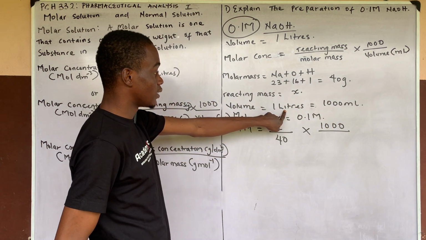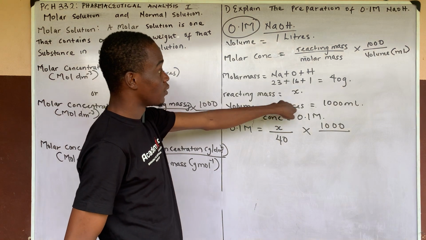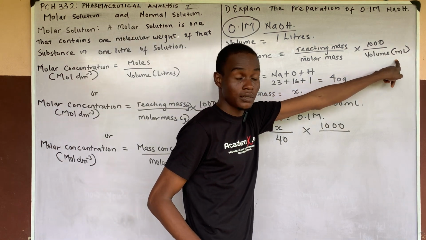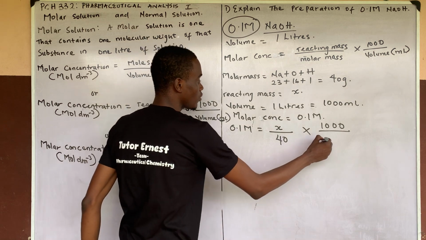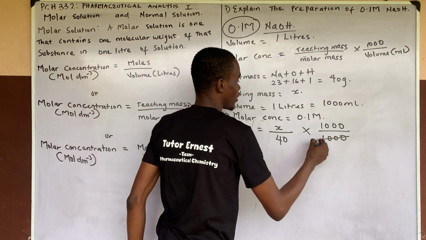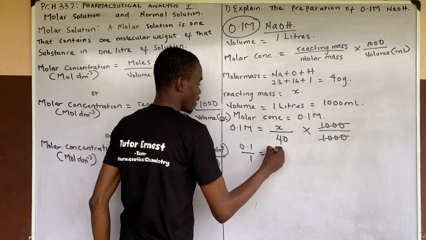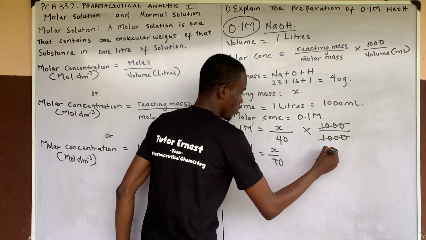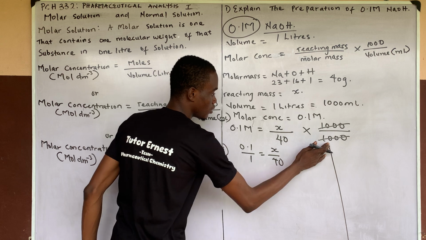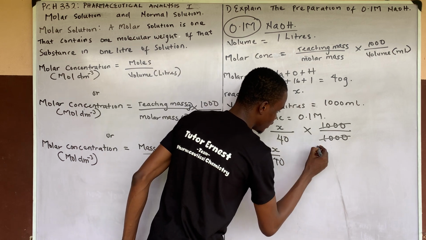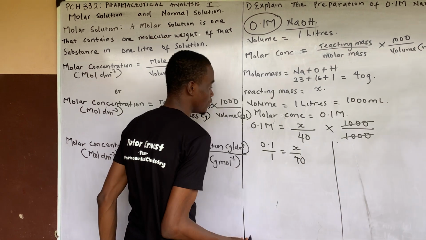The volume is in liters, but according to this formula, we have to convert that volume to milliliters, which is 1000. The 1000s cancel each other. So this is 0.1 over 1 equals X over 40. Pardon me, I divide this into 2 for my explanation.